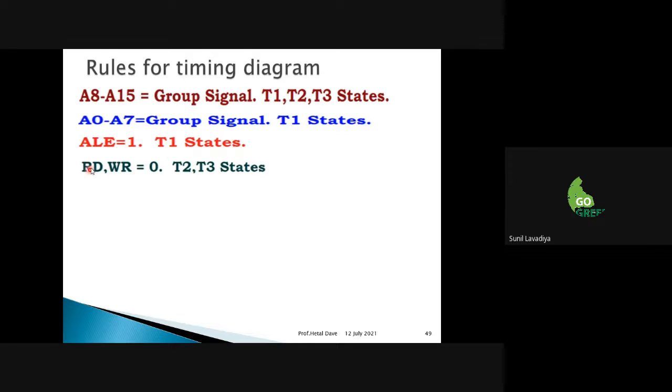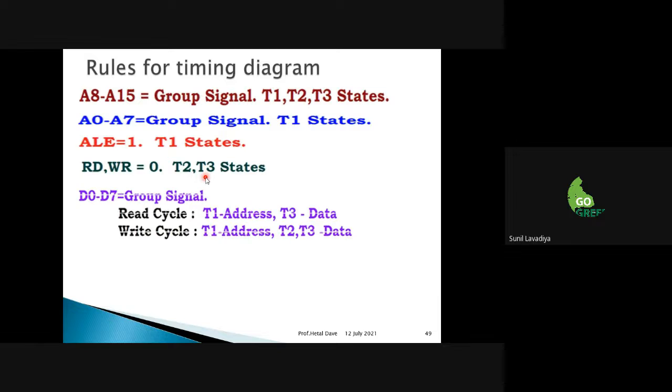We can also consider operations like read and write bar. They are also kept at zero if not applicable, and they are written in T2 and T3. So always, first of all, we make ALE, and then read and write. Please remember this.